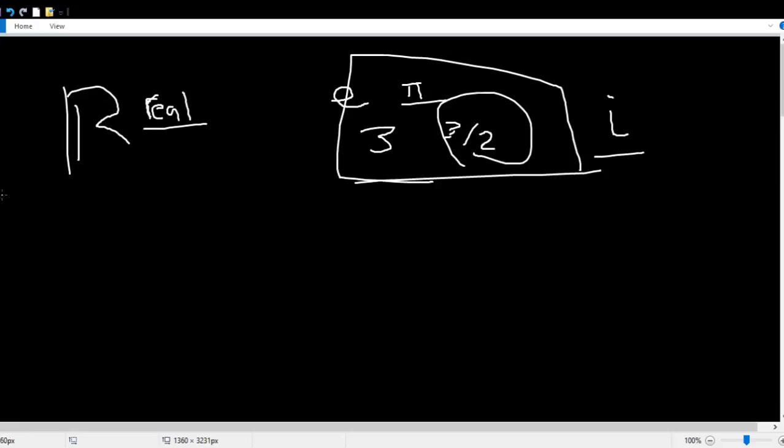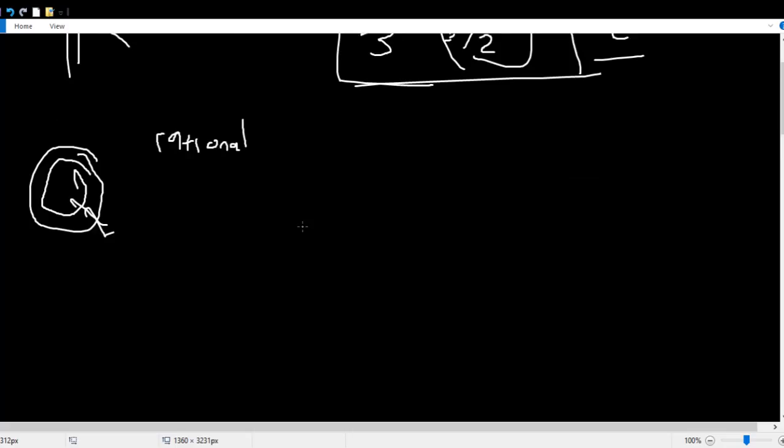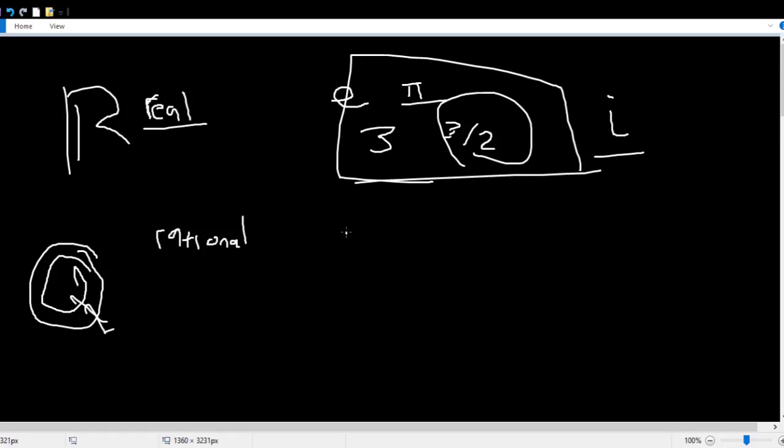And so a more restrictive type of real numbers would have to be the rational numbers, and the rational numbers are typically denoted as uppercase Q. The rational numbers basically say, okay, if you have two values, a over b, and a and b are both integers, then it's a rational value.